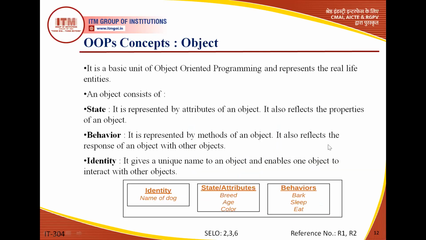Now, let us understand the behavior of an object also. It is a basic unit, as you have already seen, of object-oriented programming, and it represents real-life entities. So, it contains state, behavior, and identity. Identity means the name of the dog, state means attributes like breed, age, and color, and behaviors like barking, sleeping, and eating. So, name of the dog means maybe it's a Pomeranian, or maybe it's a bulldog.